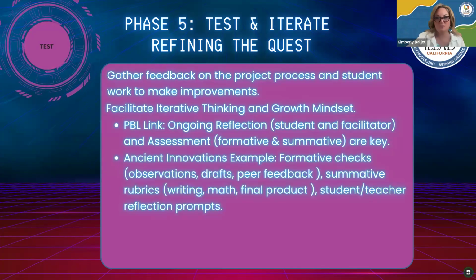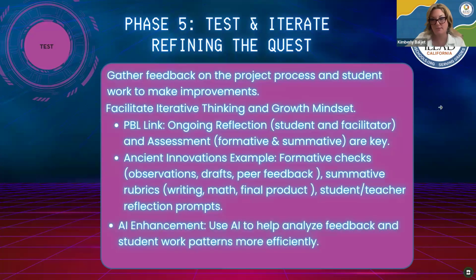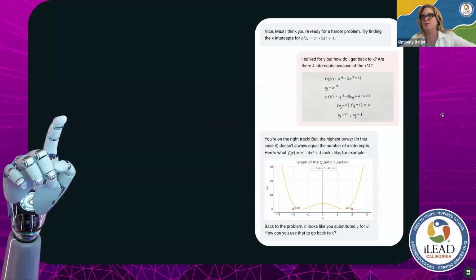And here at this stage in my ancient civilization example, we would have things like observations and drafts and peer feedback. You could use your rubrics at this time to give them a little bit more of that formal, like, oh, this is how you're doing in your writing and your math. And then the hot sauce here, the AI enhancement, is to help analyze that feedback and really to give more to your learners, your students.